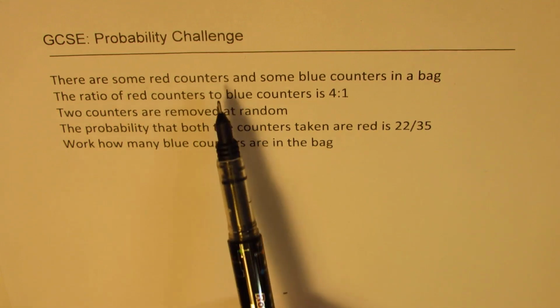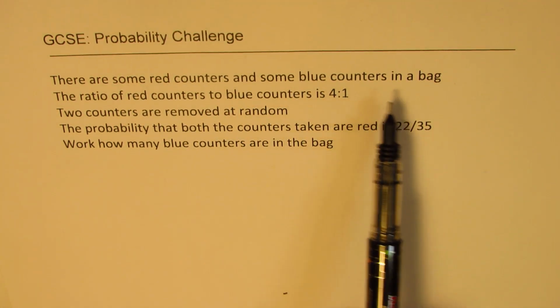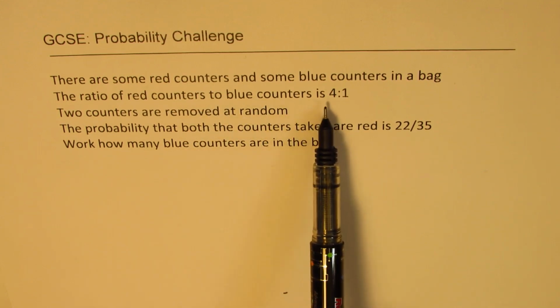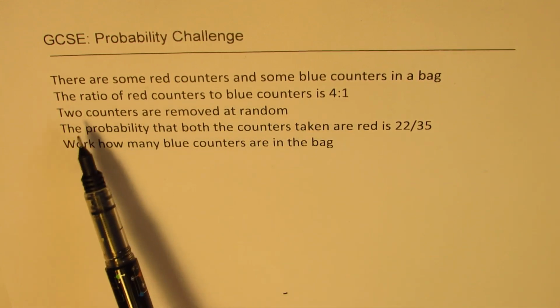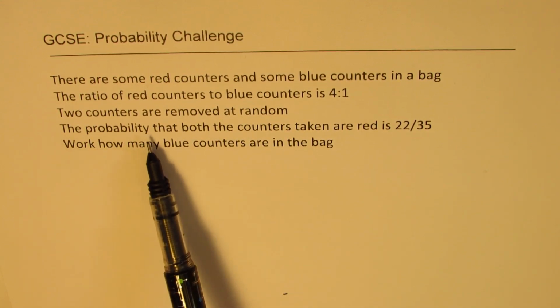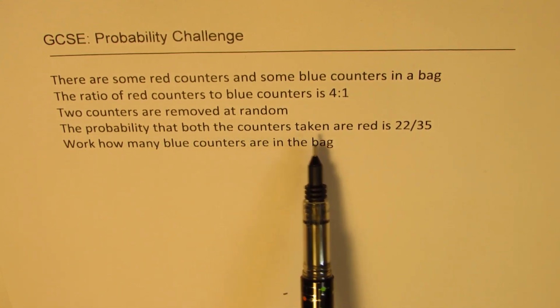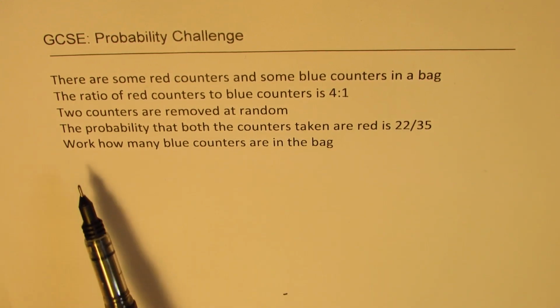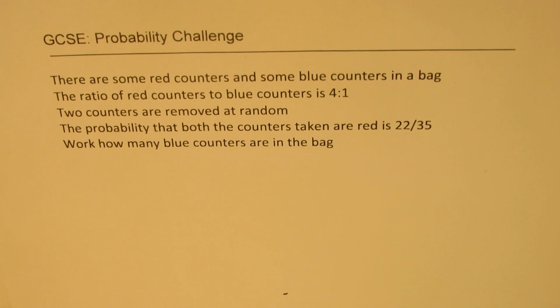There are some red counters and some blue counters in a bag. The ratio of red counters to blue counters is 4:1. Two counters are removed at random. The probability that both the counters taken are red is 22/35. Work out how many blue counters are in the bag.